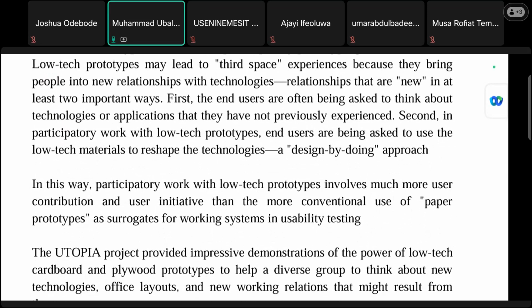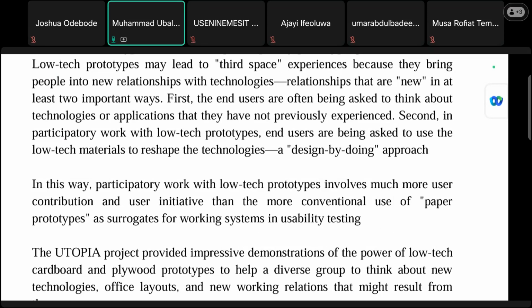So low-tech prototyping means involving low-tech prototypes or prototypes that are designed using locally made items. For example, the use of paper or cardboards to represent a particular prototype. So this is one thing.